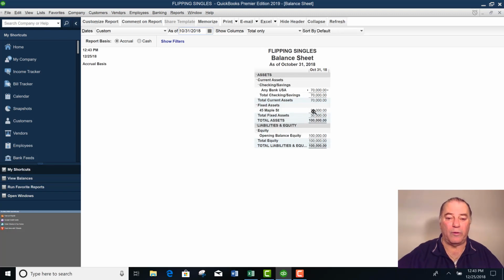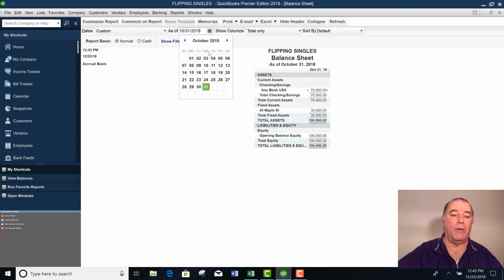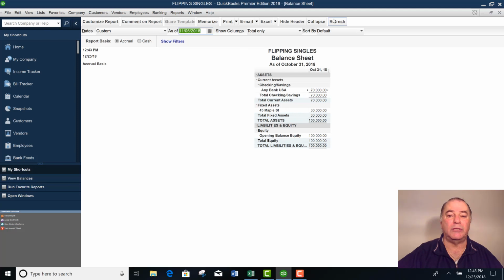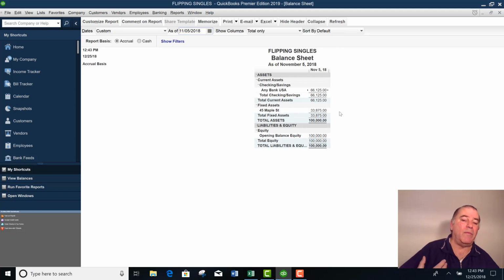All right, here we've got 45 Maple set up on the balance sheet, and as I added things to that, the amount went up. Let's look at the November 5th balance sheet, refresh. Now you can see some of the expenses I had are added into 45 Maple as I made my accounting entries. It's always added in on the asset side because it's improving the property. Okay, so that gives you an idea.